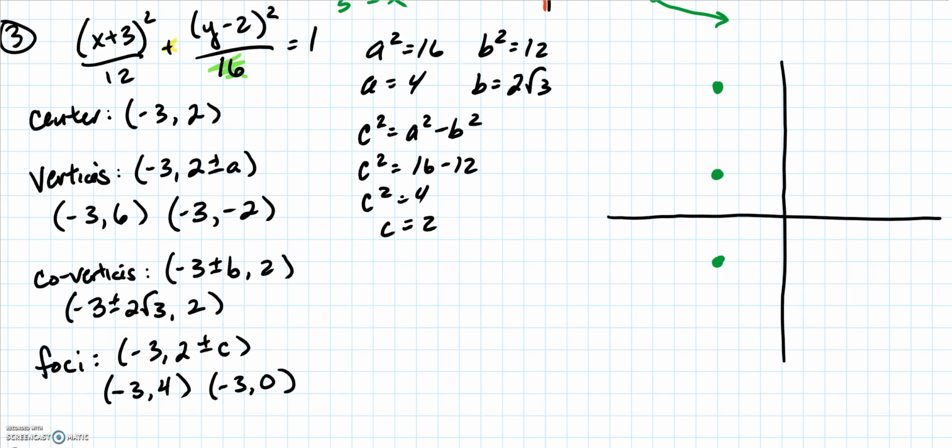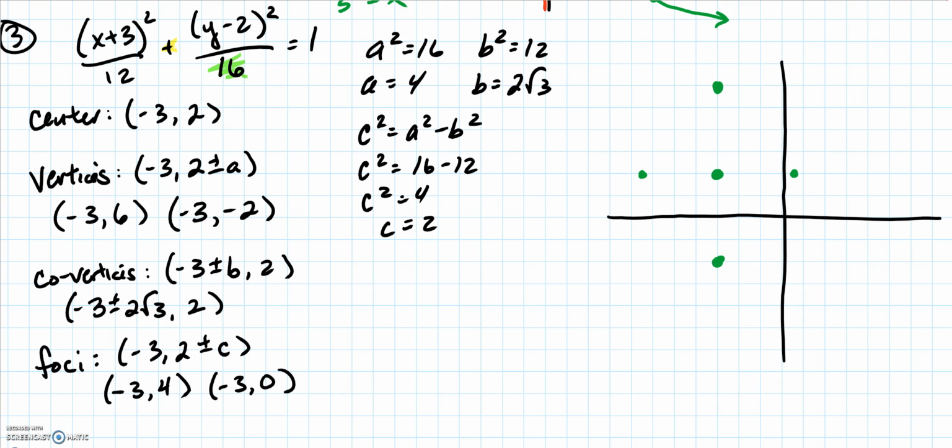My co-vertices are at negative 3 plus or minus 2 radical 3. 2 radical 3 is about 4, a little bit less than 4. So I'm just going to move 4 units from this center, left and right. 1, 2, 3, 4, a little bit less than that, so I'm about right there.